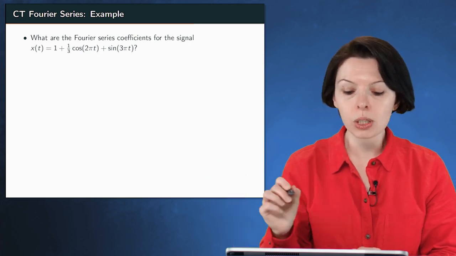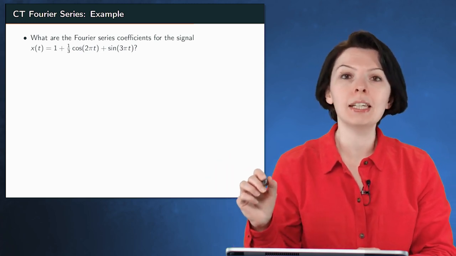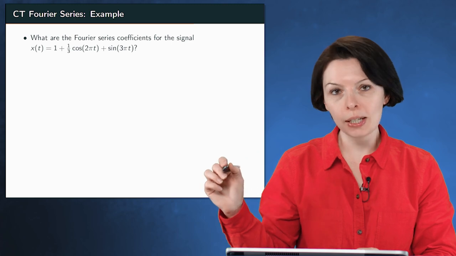x of t is 1 plus 1/3 cosine of 2 pi t plus sine of 3 pi t.